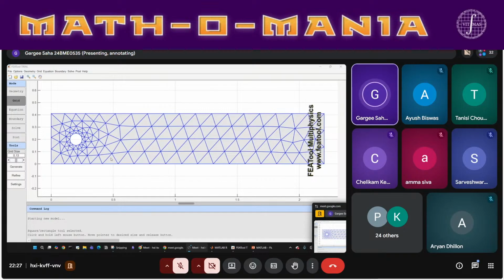So this is the grid that is already given, and as you can see, it's pretty rough due to the cells being of a size 0.13. So if we reduce the size of the grid or the size of the cell, we can see better results.